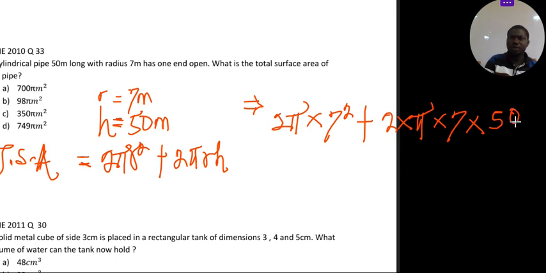So let's see what we get from there. 7 squared is 49, 49 times 2 is 98 pi, plus 7 times 50, that's 350, times 2, that's 700 pi. So we have 700 pi plus 98 pi. That's basically 798 pi cm squared.